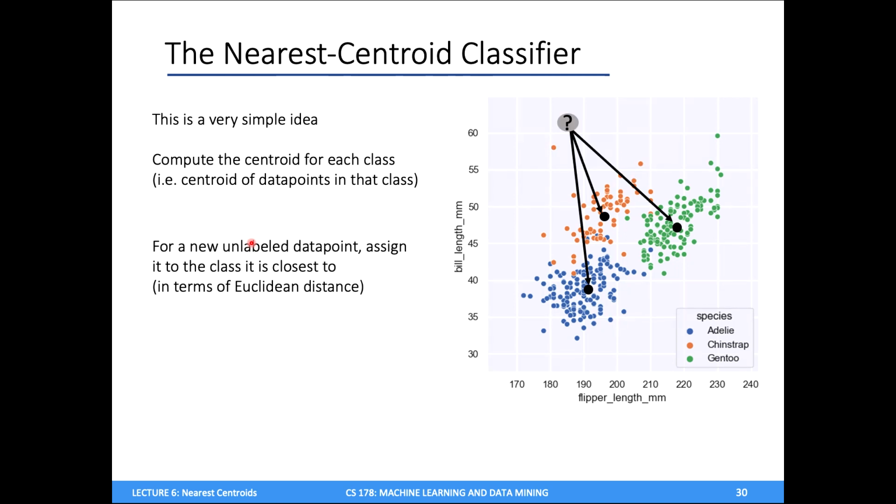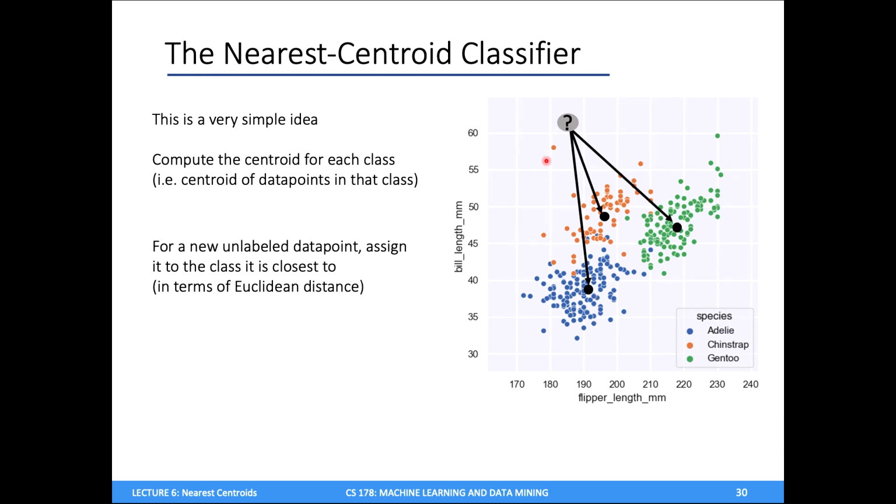To make a prediction for a new data point, one I didn't see during training, a new penguin that I'd like to predict a label for, I'm going to compute the distance between this new penguin's feature vector and each of the 3 class centroids. So I'll compute the distance between this gray dot and the orange class centroid, the distance between the gray dot and the green class centroid, and the same thing for the blue class centroid.